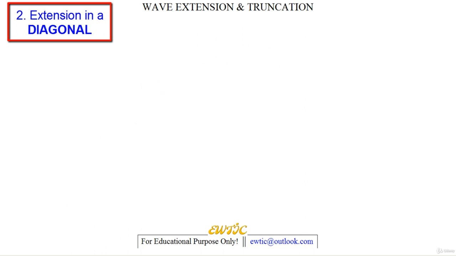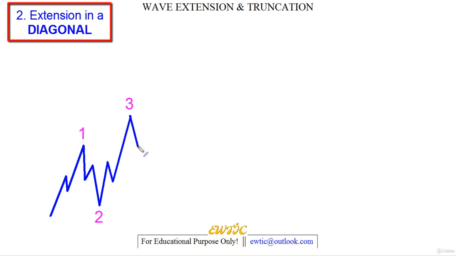The expanding diagonal, on the other side, has the fifth wave extension. You will see wave 1 like that, wave 2, wave 3 a little bigger than wave 1 because this is an expanding diagonal, then wave 4 bigger than wave 2.